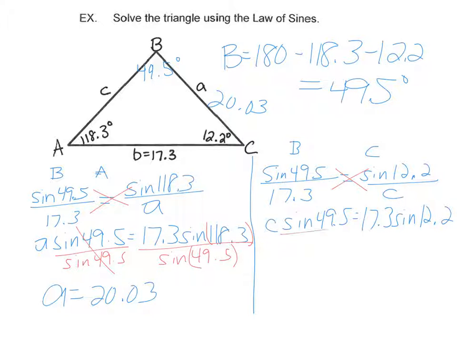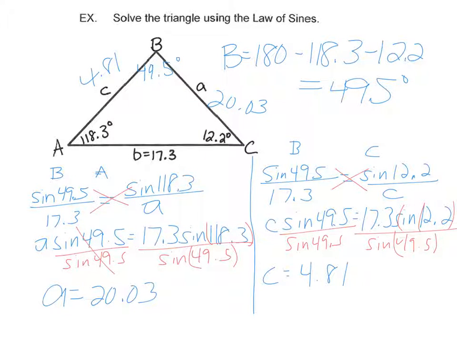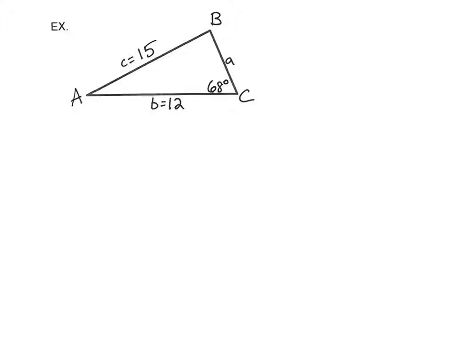Divide both sides by sine of 49.5. All into the calculator. And we end up with side C, rounded to two places, is 4.81. Now we have found all three sides, all three angles, so the triangle is solved. Let's try one more.